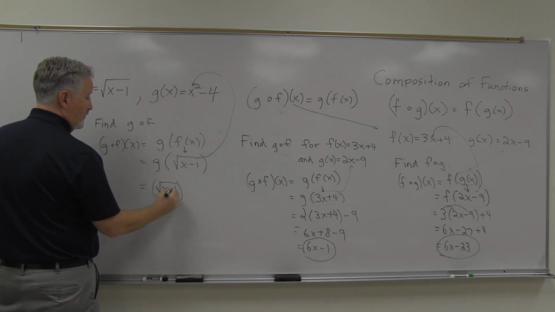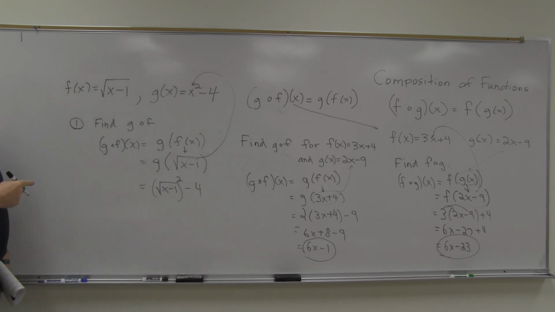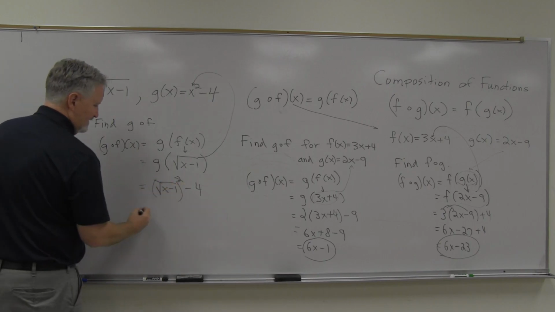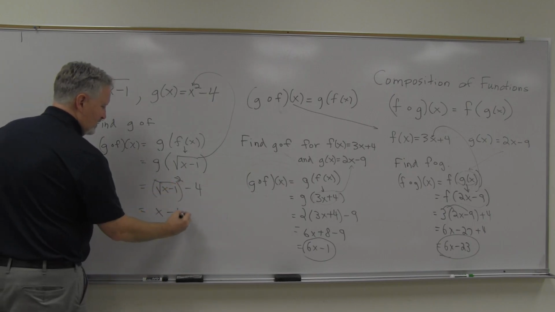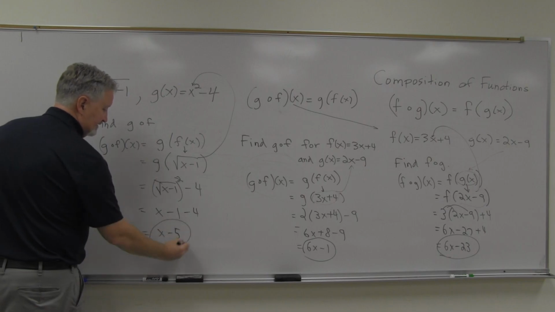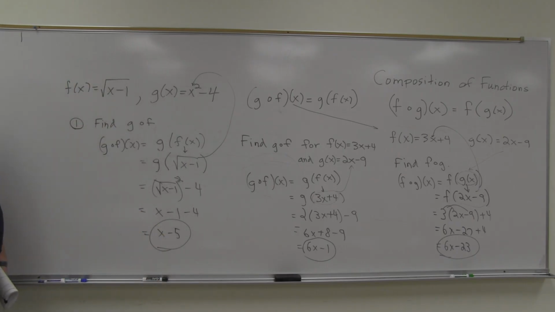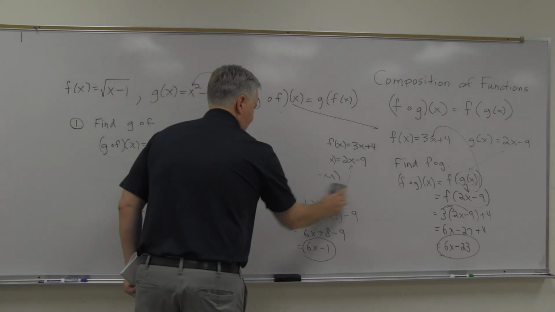So that's what we square, and then minus the 4. The square root and the square cancel out. So that's just x minus 1 and then minus 4. So you just wind up with x minus 5. Is that okay? Good with that? All right.